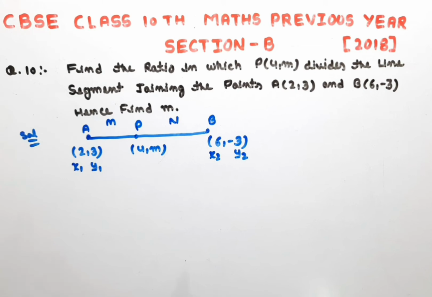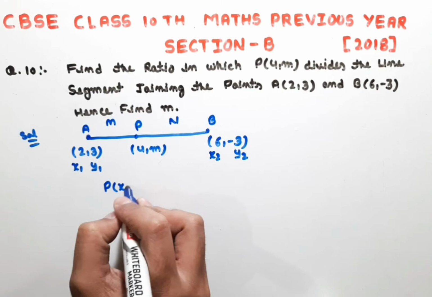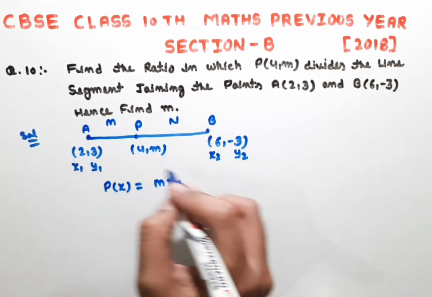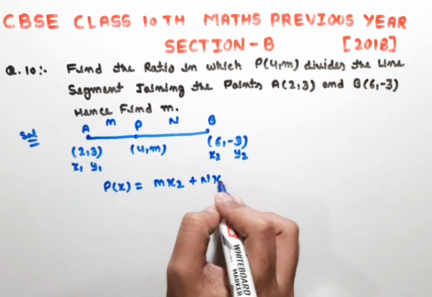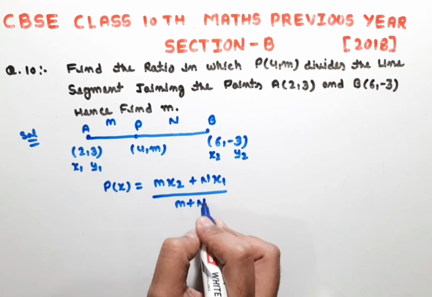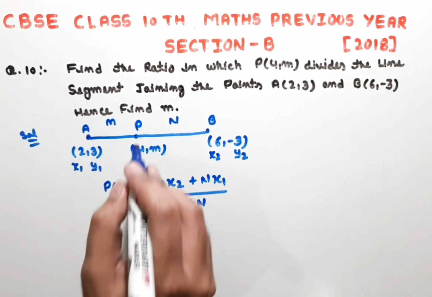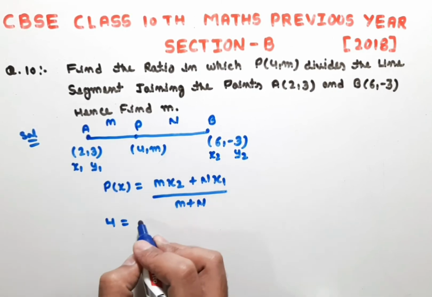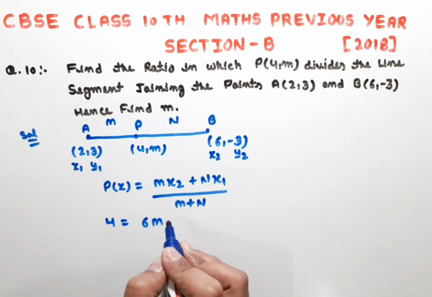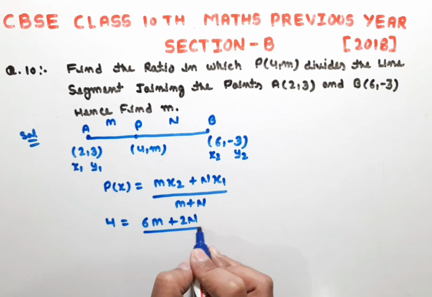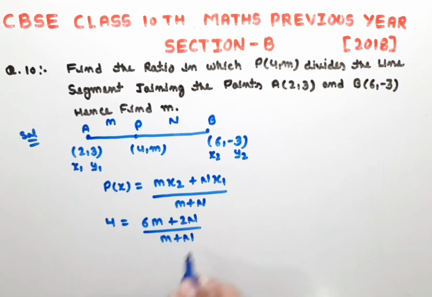So we have the x coordinate of P, that is Px, given by m into x2 plus n into x1 upon m plus n. Putting values here, Px is 4, m into x2 that is 6m, n into x1 that is 2n, upon m plus n.